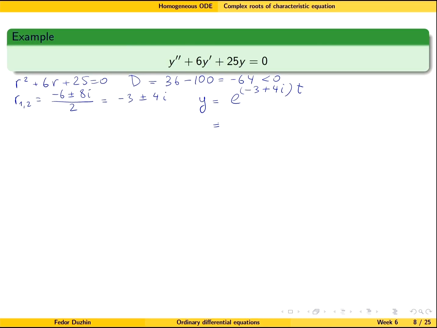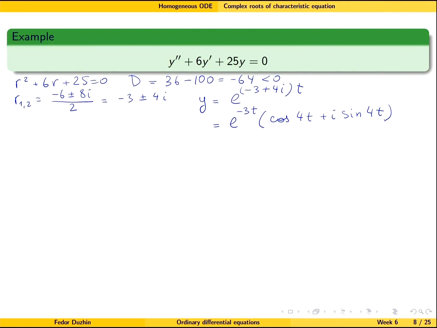Here, minus 3t is the real part, so this goes here, e to the minus 3t, and times 4i t is the complex part. So I will have cosine of 4t plus i sine of 4t.